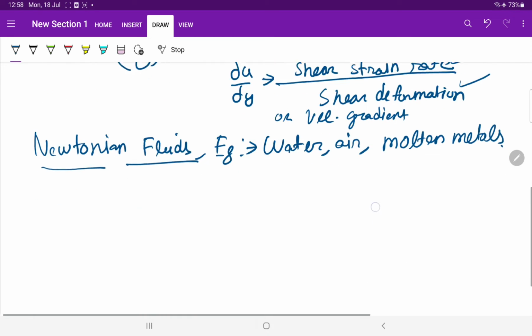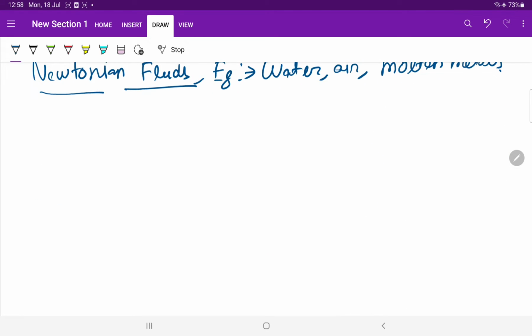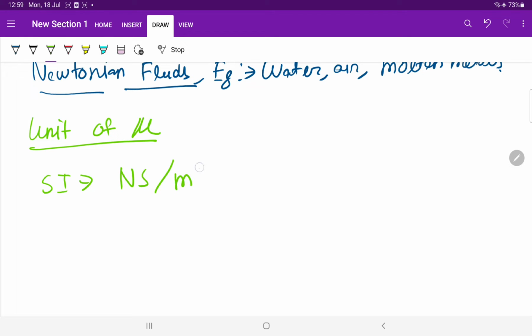Okay, so now let us come to the next thing, that is the unit. The major thing you need to know is the unit of mu, the dynamic viscosity, or coefficient of dynamic viscosity. First let's see the SI unit. The SI unit will be Newton second per meter square, right?